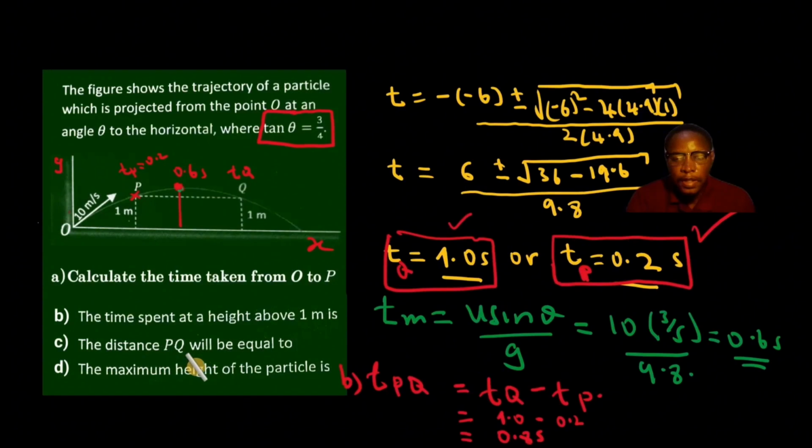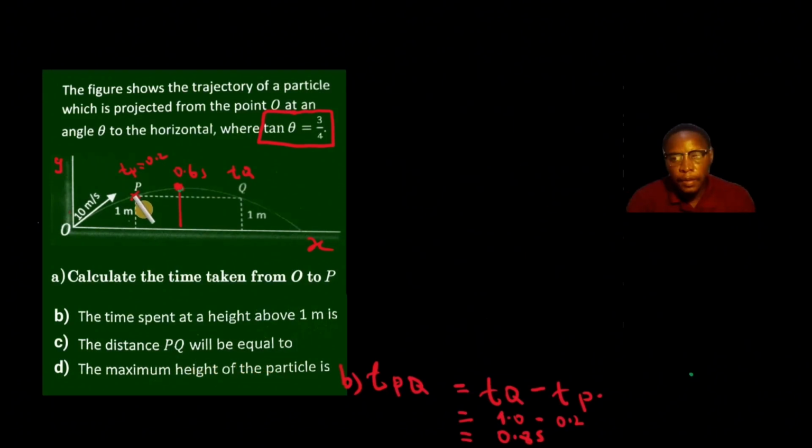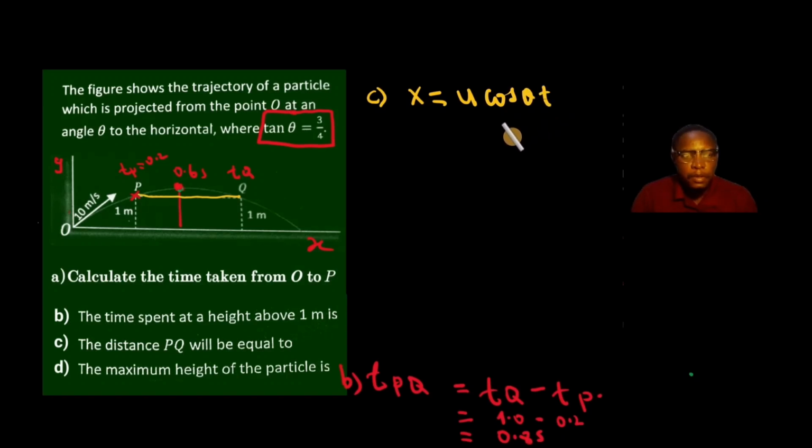C, the distance PQ. They need the distance from here to Q. That distance is the horizontal distance, and to calculate the horizontal distance of a projectile, the formula x equals U cos theta t is required, and the time from P to Q is T PQ.